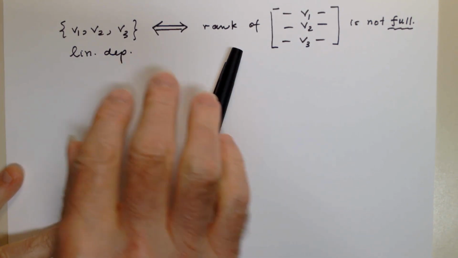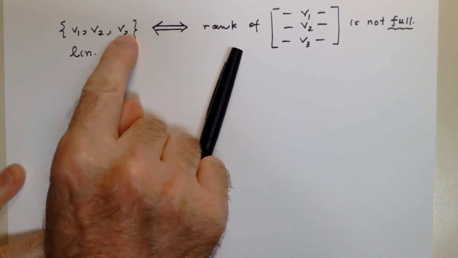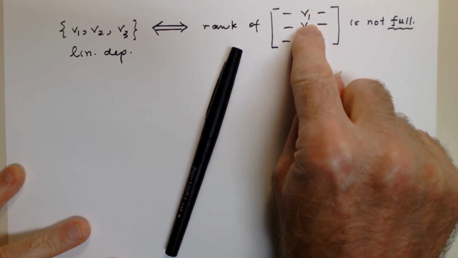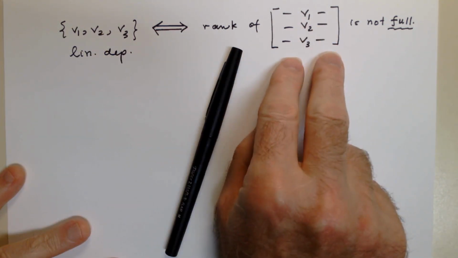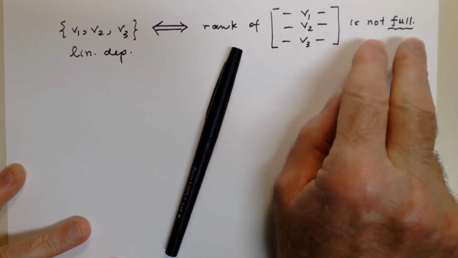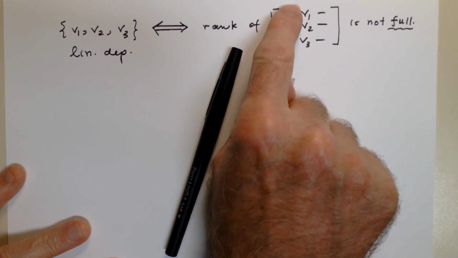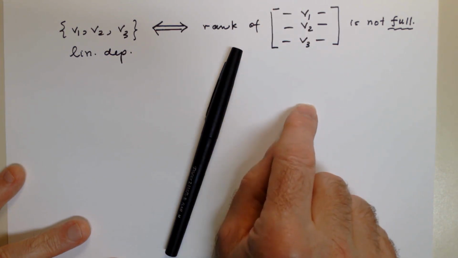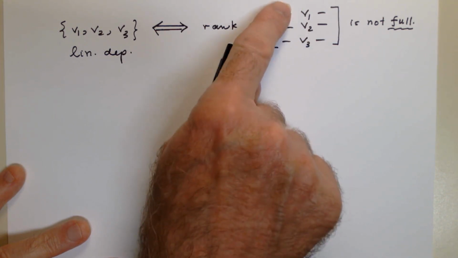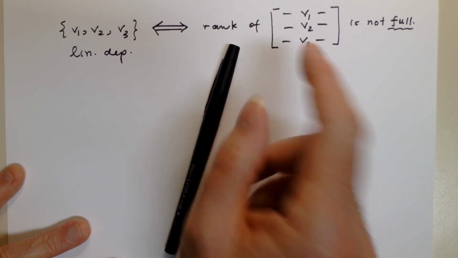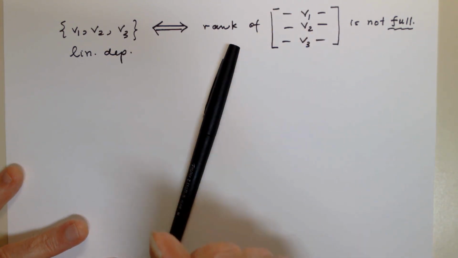Here's what I'm going to do. I'm going to show you that if the vectors v1, v2, and v3 are linearly dependent, then the matrix we get by feeding those in as the rows of a matrix must not have full rank. What I mean by not full rank is its rank would be less than 3 in this case. A matrix has full rank if the rank is equal to the number of rows, and so I'm saying that this is not full rank.